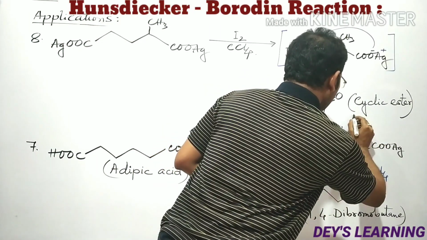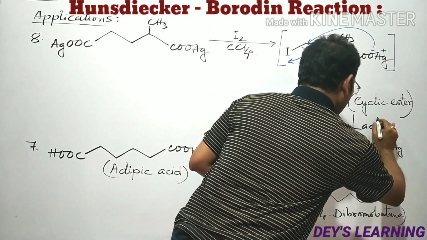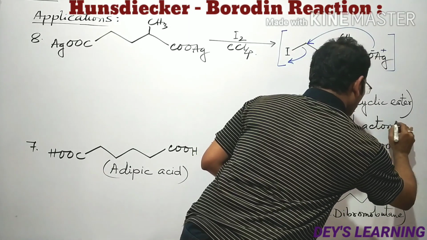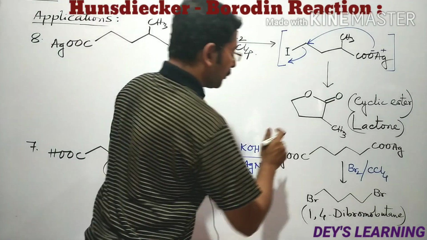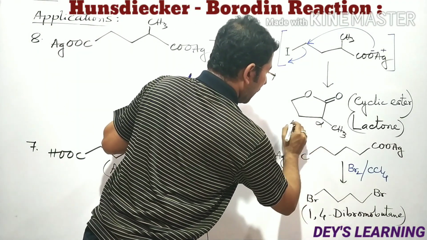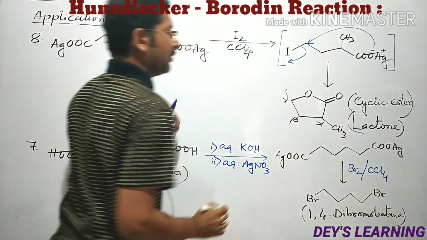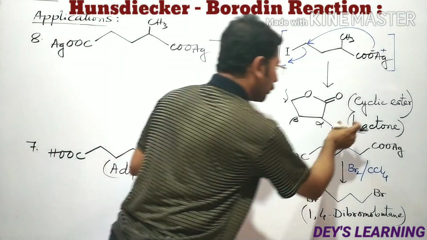We know that this one is lactone, or sometimes it is called alpha, beta, gamma. So it is your gamma lactone.